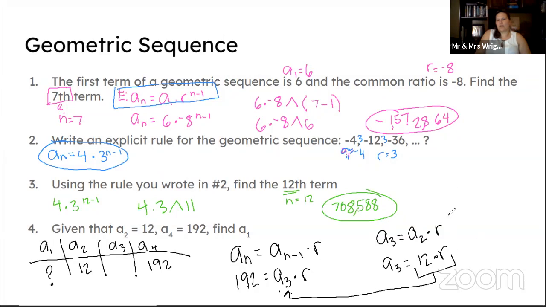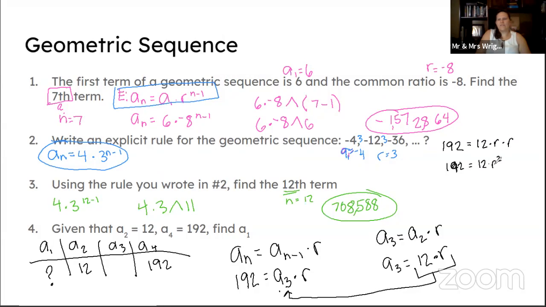So let's go ahead and do that. I'm running out of room here. 192 is, instead of A sub 3, 12 times R, and then I still need to put my times R in there. So 192 is 12 times R squared.